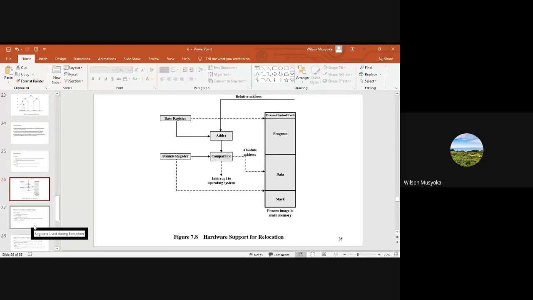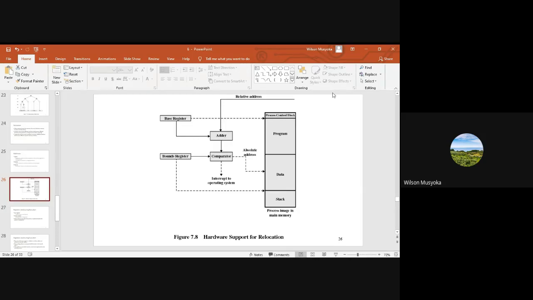And this is what we are showing here. Like we have the base register, these are the registers. In main memory, we have the real address or the physical address, but inside the registers, that is where we are just putting the logical addresses.